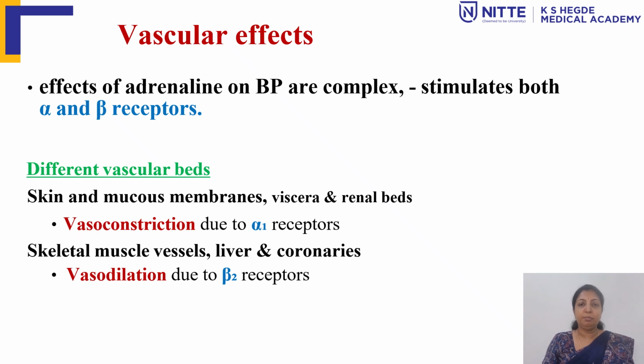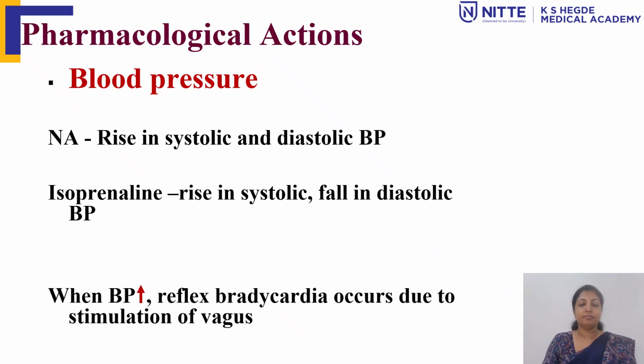So the effect depends upon the drug, its dose and the vascular bed. In skin and mucous membrane, viscera and renal beds, vasoconstriction is prominently seen because of the action of adrenaline on the alpha 1 receptors, whereas vasodilatation is mainly seen in skeletal muscle vessels, liver and coronaries, that is mediated through the beta 2 receptors.